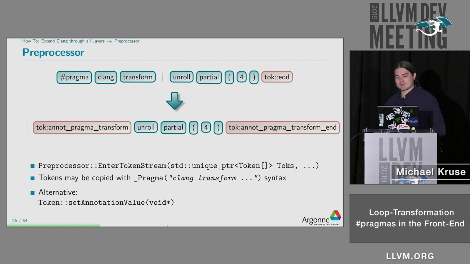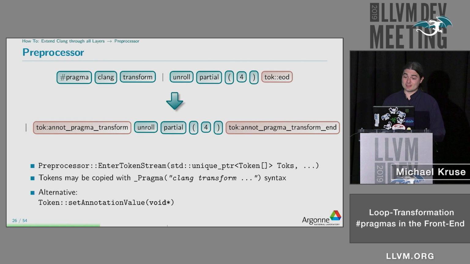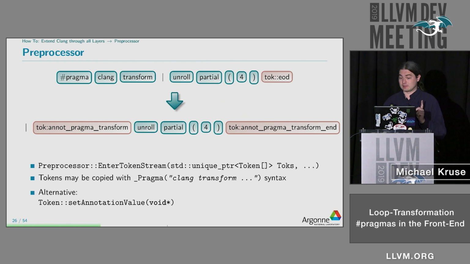So what happens in the preprocessor is you take the original list of tokens, pragma clang transform, and put it into these annotation tokens, saying this is the thing we have to parse later. Why don't we parse it here? Actually, this could be part of an underscore pragma string, and then the preprocessor would copy your tokens somewhere else as well.